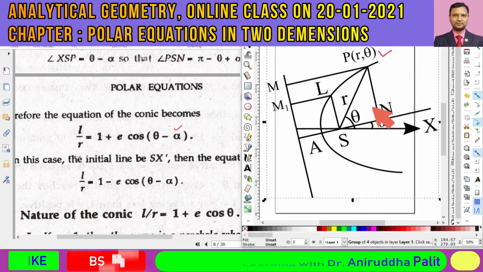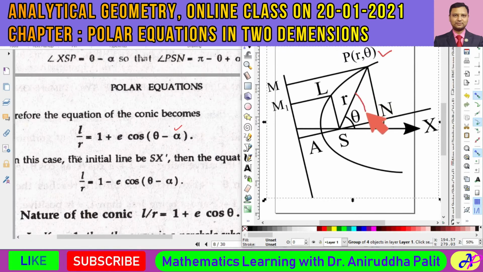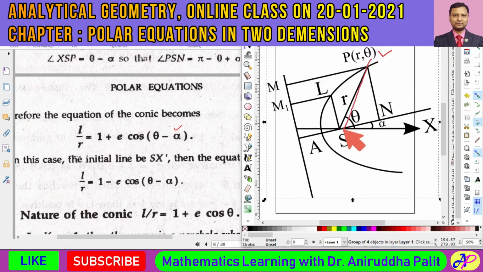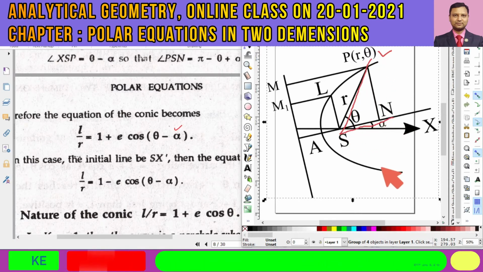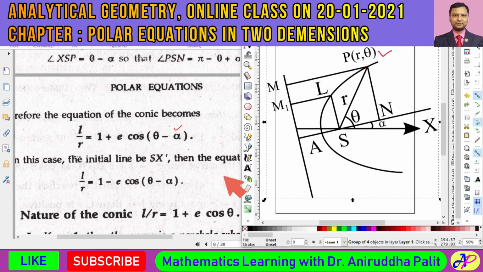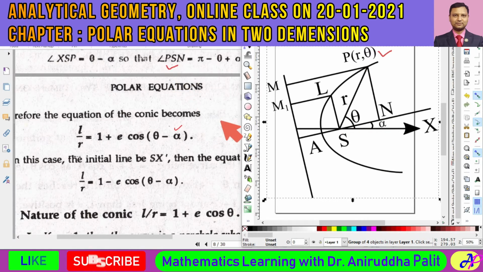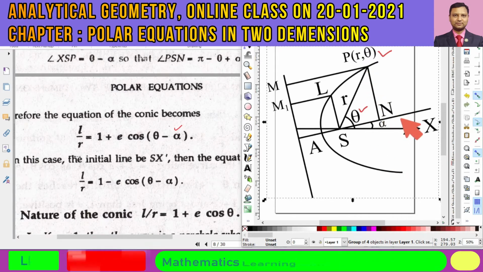Now the entire angle is equal to theta. And when the entire angle is theta, we were actually interested in this angle PSN. Whenever we have this angle, this angle PSN is actually equal to theta minus alpha.